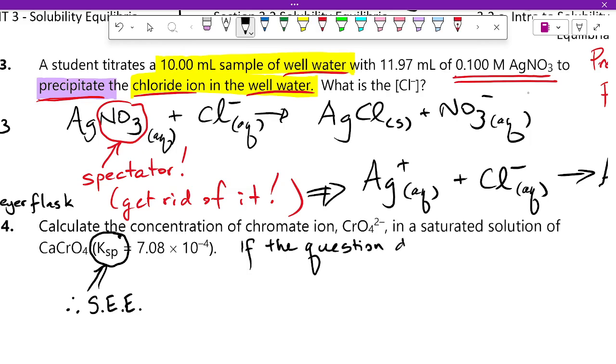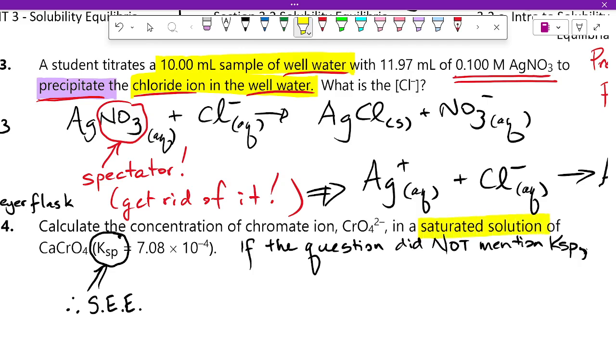If the question did not mention KSP, you know it's not the precipitation equation because you're not mixing two things. Oh, also, it says a saturated solution.